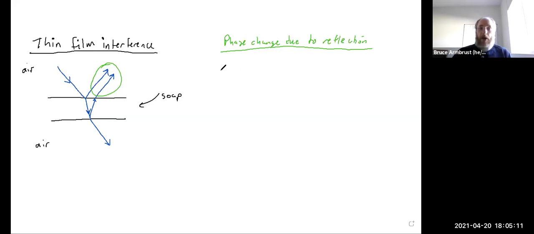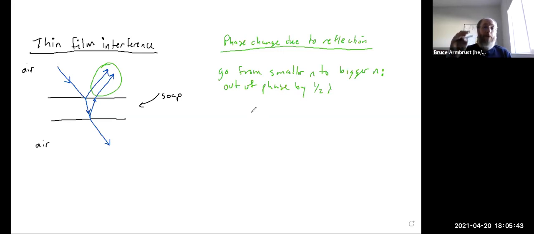So if we go from smaller n to bigger n, you're going to go out of phase by 1/2 of the wavelength.